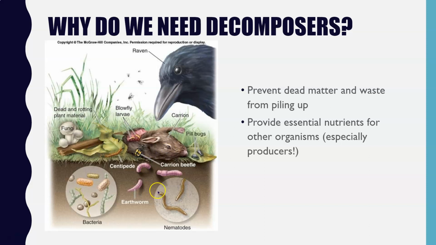So you have all these decomposers like earthworms and bacteria, nematodes, pill bugs, flies, the larvae of the flies. Being a decomposer helps prevent dead matter and waste from piling up on the planet. And also it breaks down organic material so that it can go back into the ground. Okay?